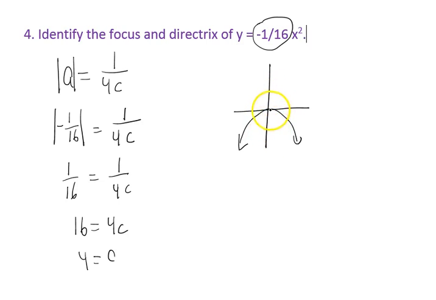And so to the focus, if I go 4 down, my focus is at 0, -4. The directrix would be the line up here, and it would be a distance of 4 again from that vertex. And so that line would be y equals positive 4. So your directrix is y equals 4, and your focus is the point 0, negative 4. And those are the two answers that they're looking for.